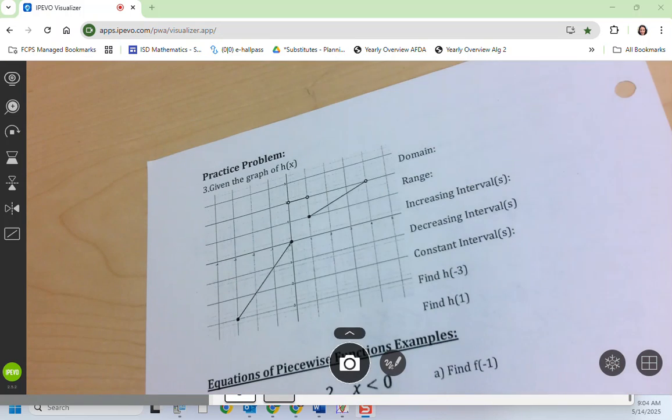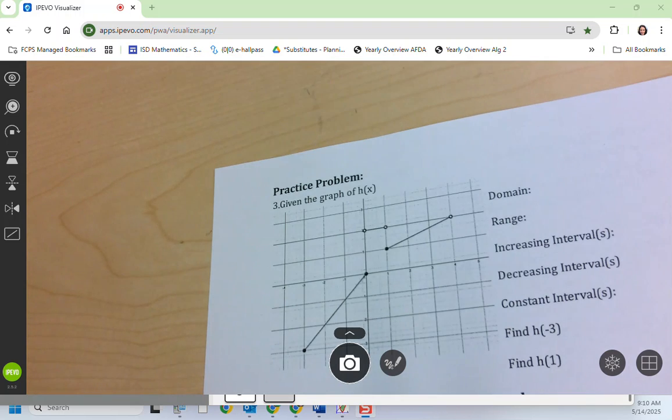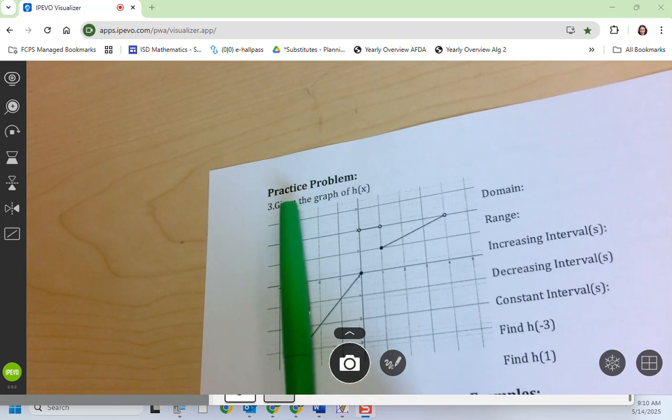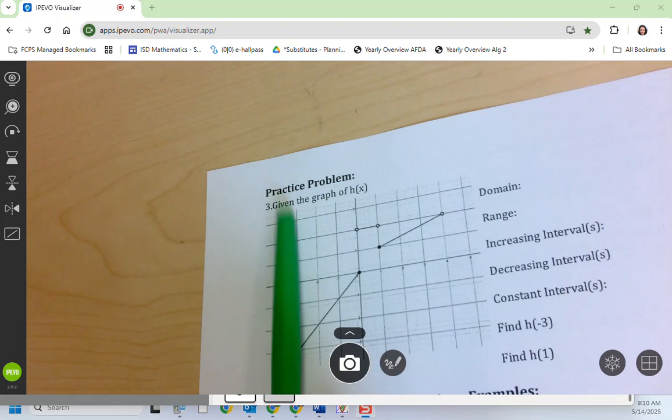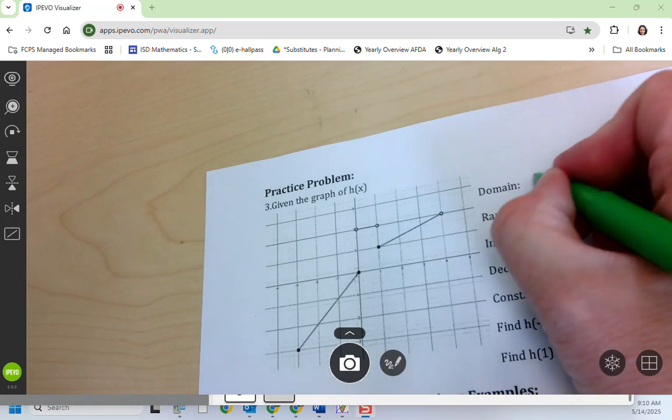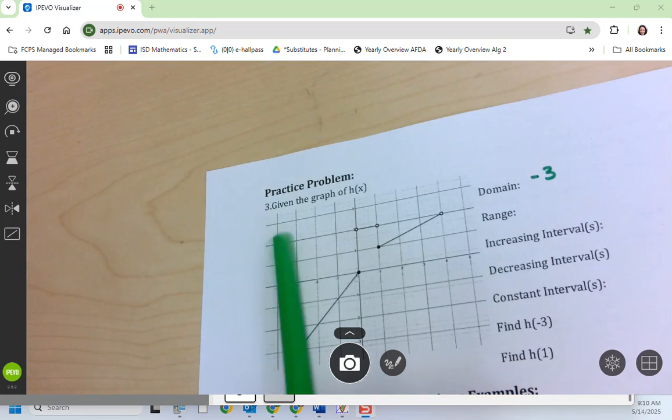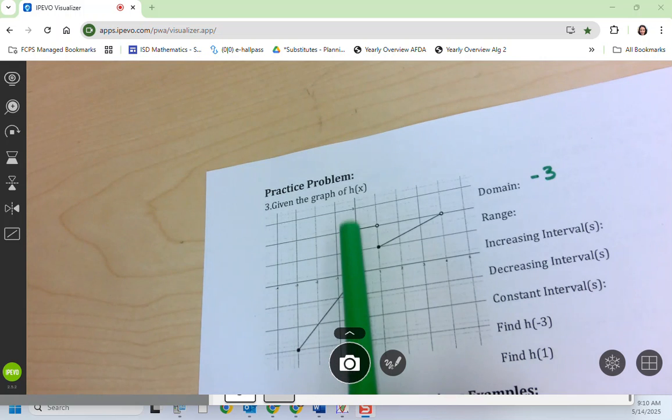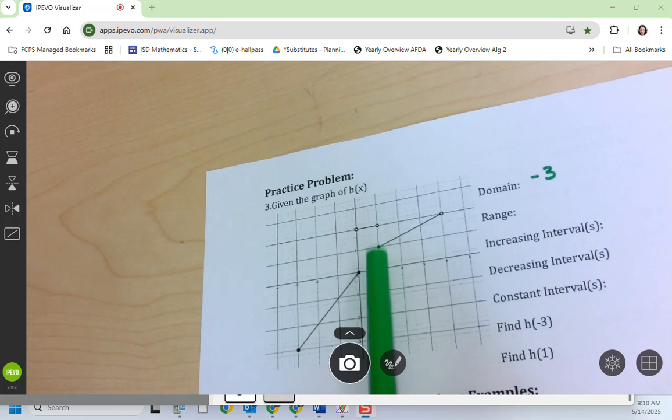All right, so we actually have another practice problem here, so I'd like you to try it. I'd like you to try practice problem 3. Your domain started over here at what number? -3, thank you. All right, then we reached x value of 0, but we realized that we didn't have to leave anything out because the graph continues up here, and then it continues over here.